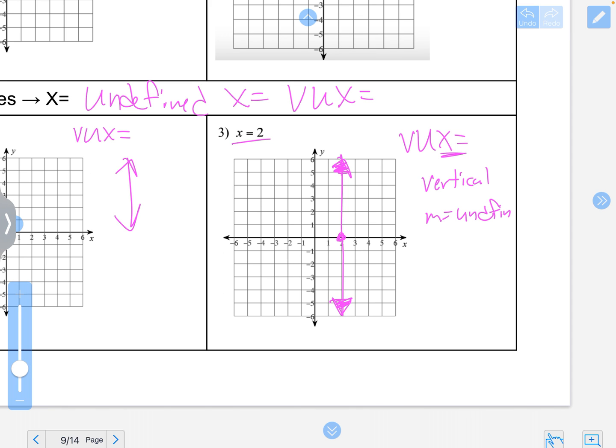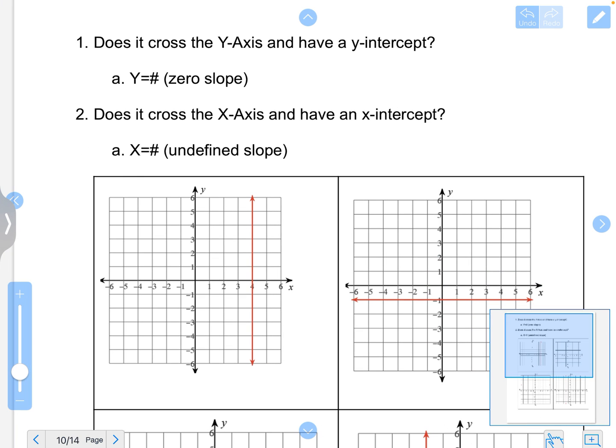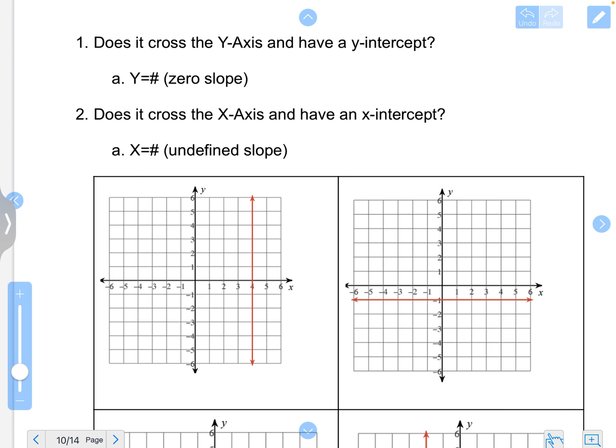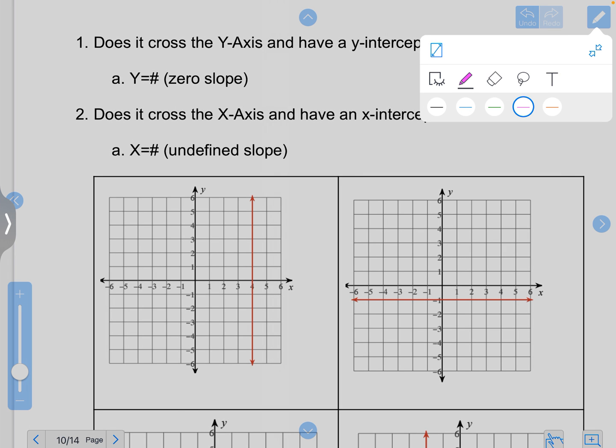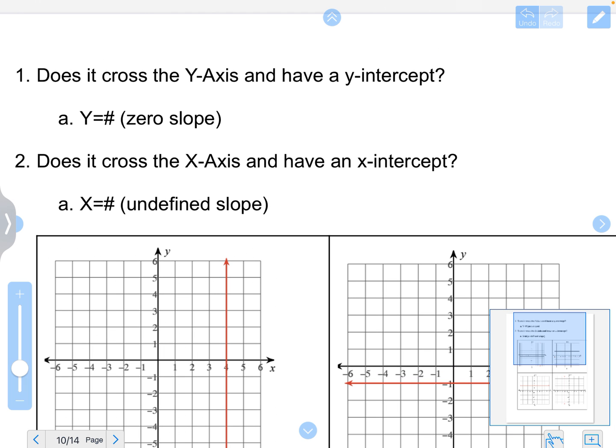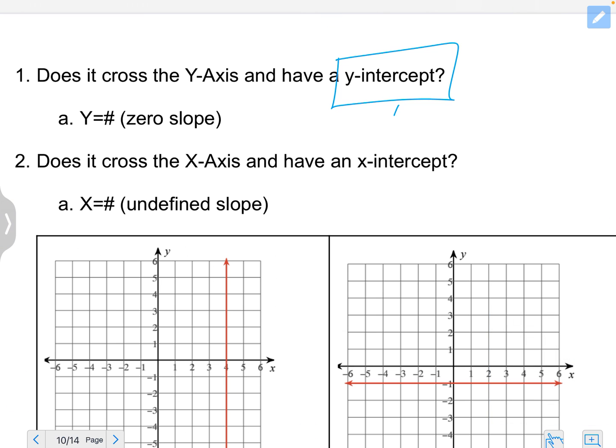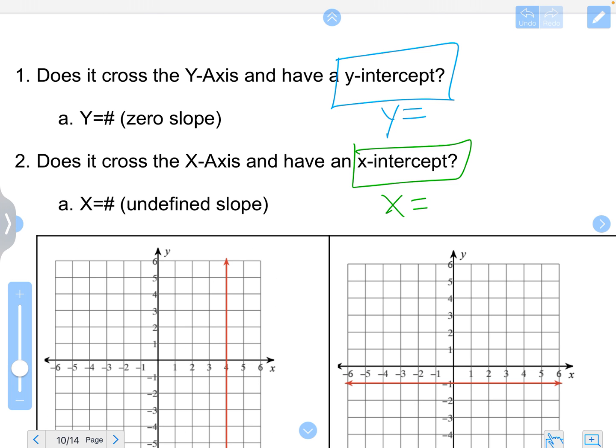So now we're going to do the opposite. We're going to have to look at a graph and figure out, is it a HOY, is it a VUX, is it 0, is it undefined? The easy way for me to remember this is if it's a y-intercept, it's y equals. If it's an x-intercept, that's an x equals.